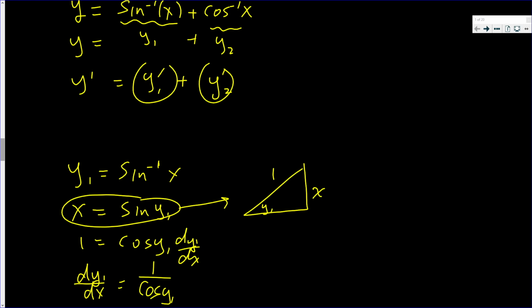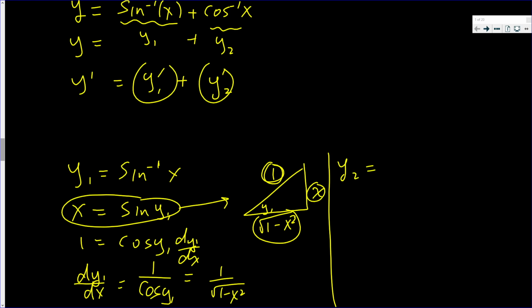What goes on the other leg is this squared minus that squared, square root. So the cosine of y1 is this over 1. And you don't have to bother with dividing by 1. So that is the derivative of y1.